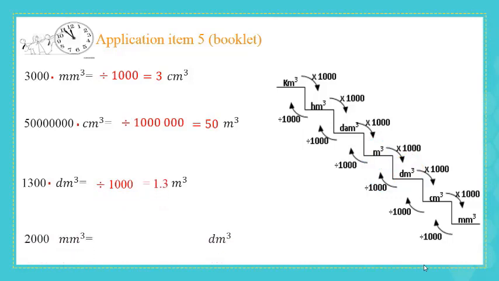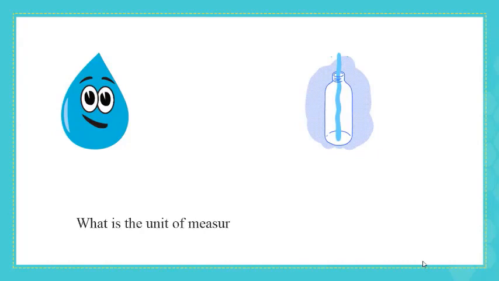Finally, 2000 millimeter cube into decimeter cube. From millimeter cube into decimeter cube there are 2 jumps, so divide by 1 million, so 0.002 decimeter cube.